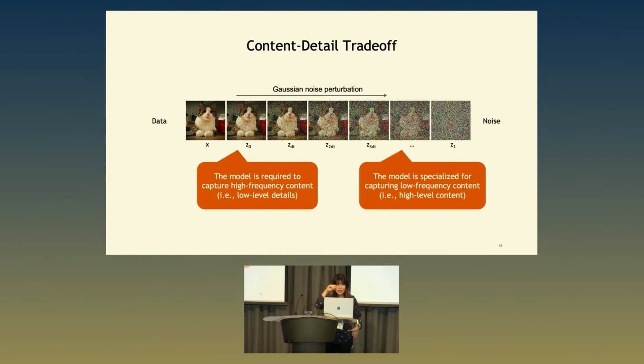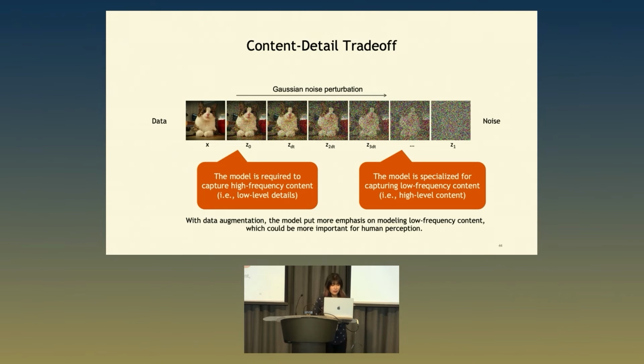Therefore, if we add a small amount of noise to the data, almost all the components are still retained, so the model is still required to capture all the details, including the low frequency content as well as the high frequency content. As we add more and more noise, if we build the ELBO for this noisy data, it is specialized to capture only the low frequency content, or high level content, of the image.